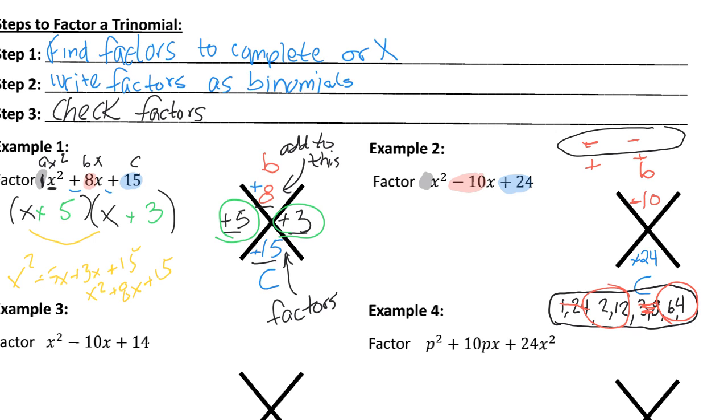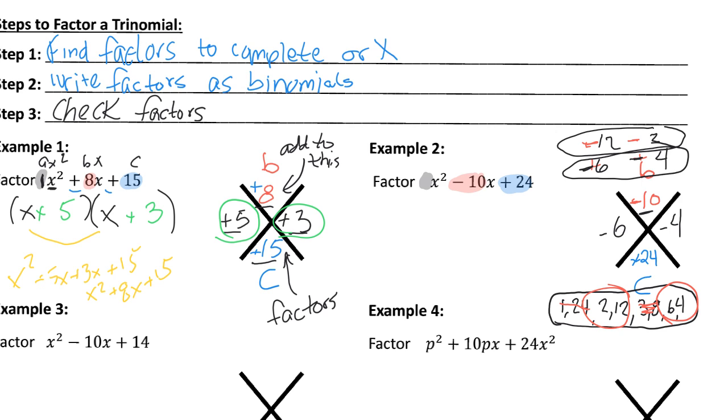So if I have a -12 and a -2, does that give me a -10? No. What about a -6 and a -4? Does that give me a -10? Yes. So those are our factors then. The -6 and the -4.